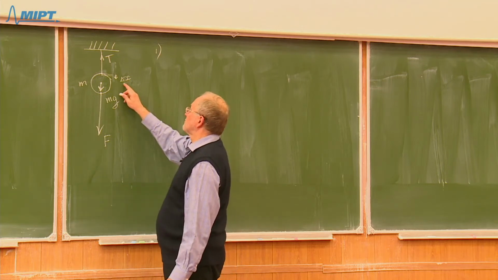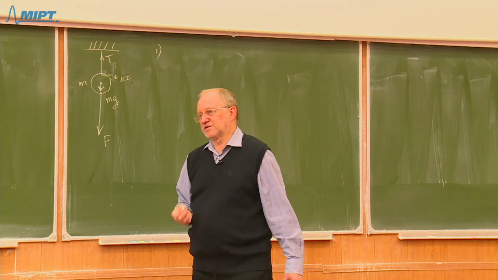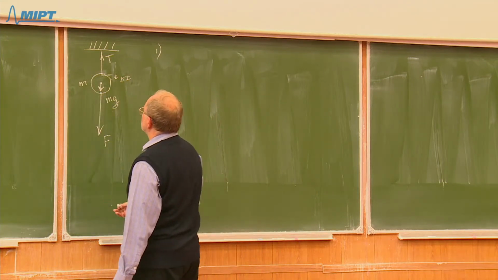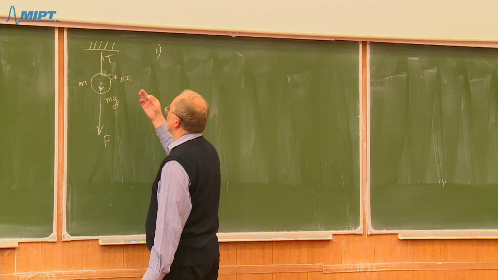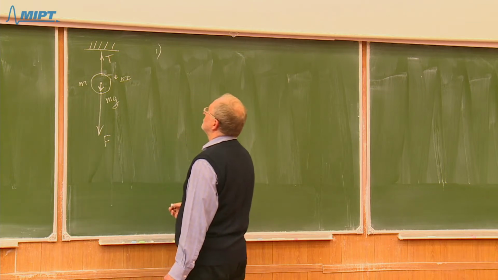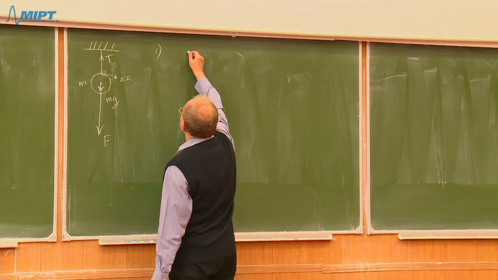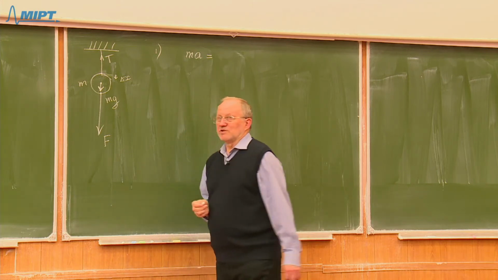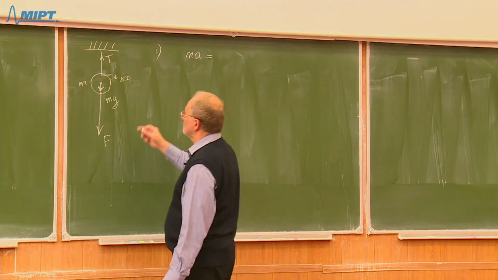And in a very short time, very small displacement may produce considerable accelerations. So if there is an acceleration of the ball, no matter how large or how small, we can use the second Newton's law to describe it. And the second Newton's law says that the mass of the ball times acceleration must be equal to a vector sum of all forces acting on the ball.